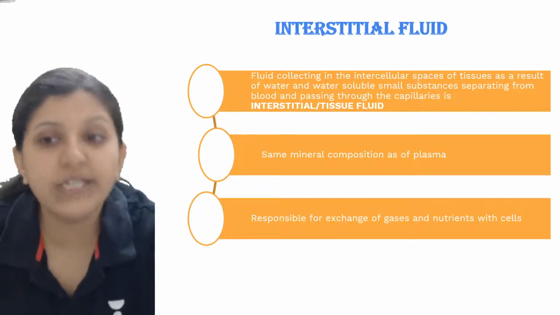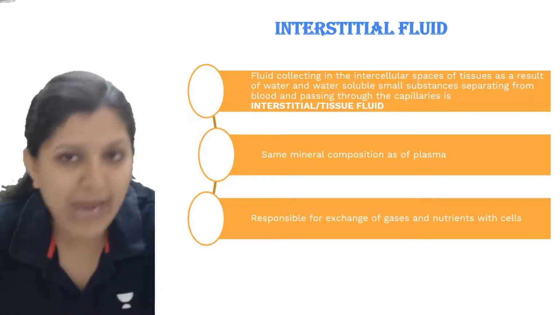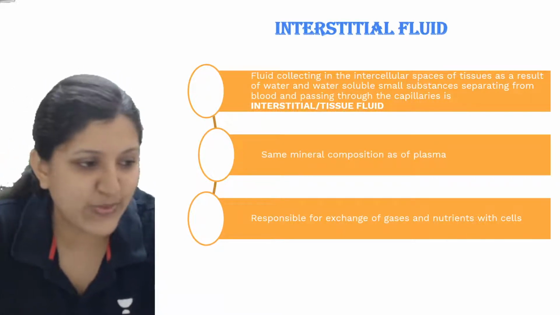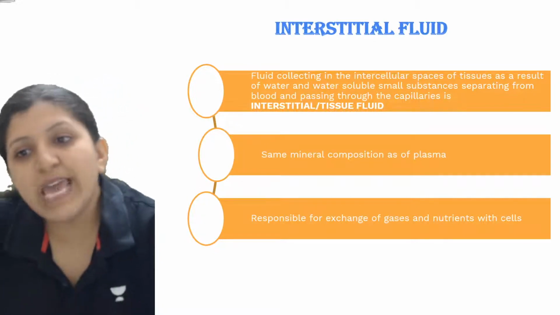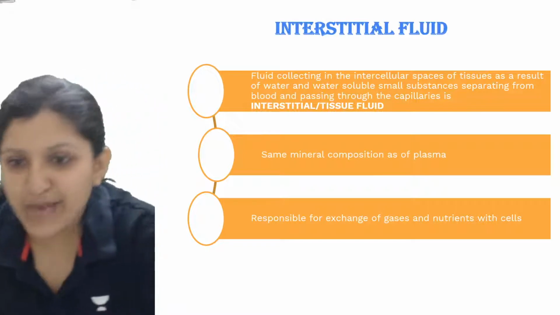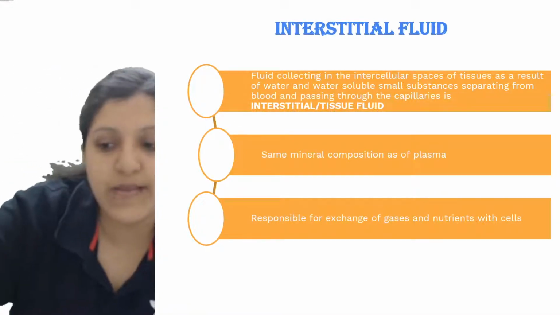It is water, and along with that some water soluble substances. So it is basically a plasma. Along with that you can find some lymphocytes as well, that is WBCs. So same mineral composition as that of plasma. You can just call it a plasma, responsible for exchange of gases and nutrients with the cell.